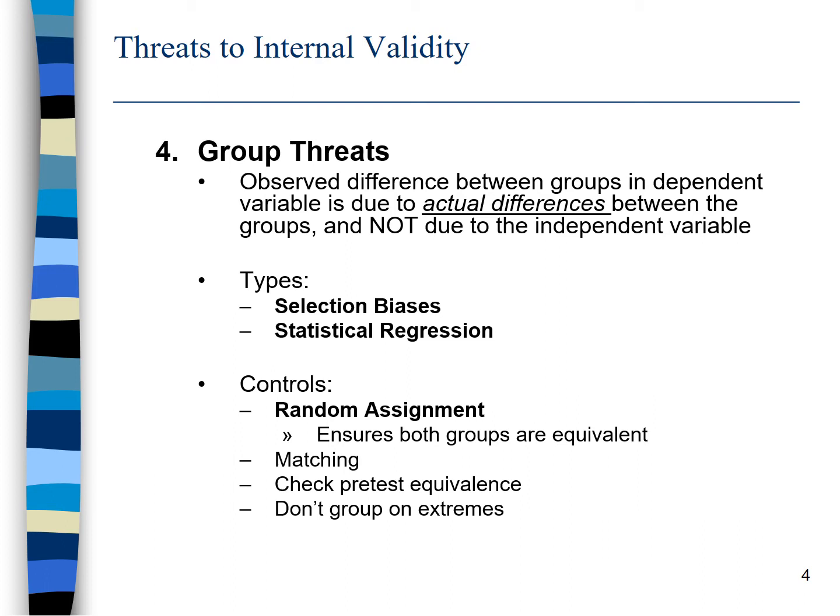So we never want to group people on extremes or think about making sure that we have the most extreme individuals. We want a variety of people in both the experimental group and the control group. So you want that balance. Well, how do we do that? The gold standard for preventing group threats is to have random assignment within your study.